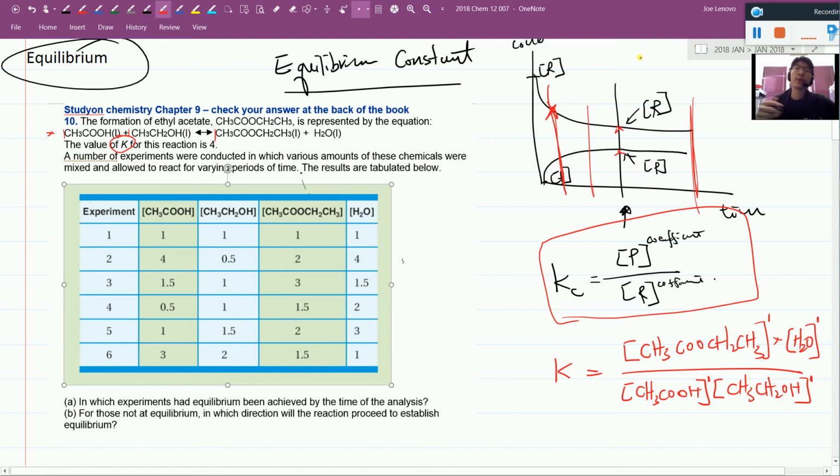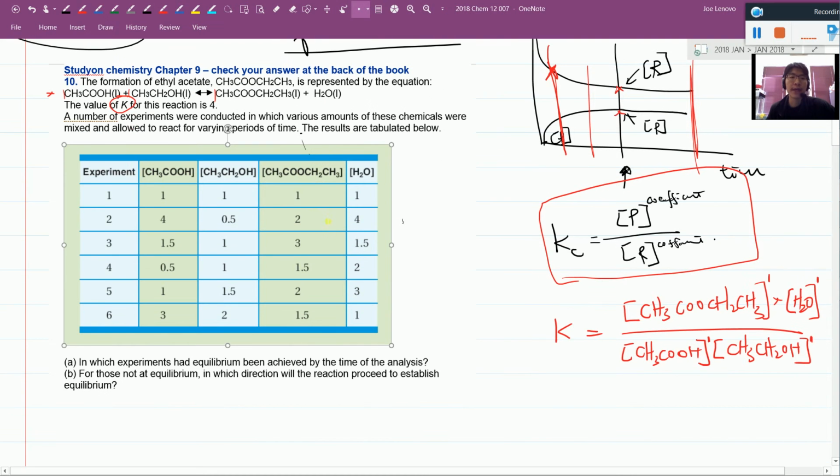Your job is to calculate based on the equation here and see whether they equal 4 or not. If they equal 4, that means it's at equilibrium. If they're not equal to 4, we don't use K anymore, because K is just at equilibrium.